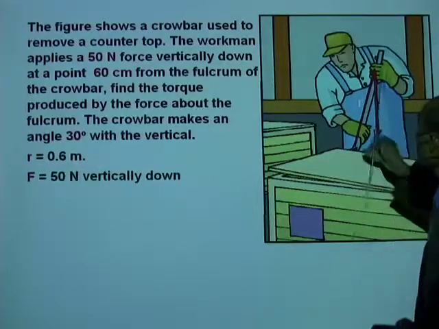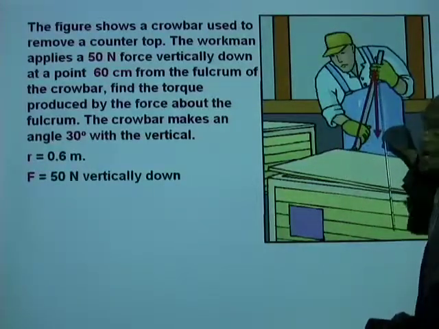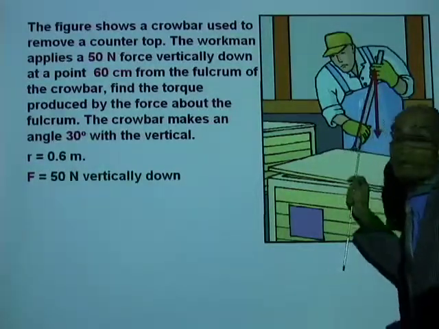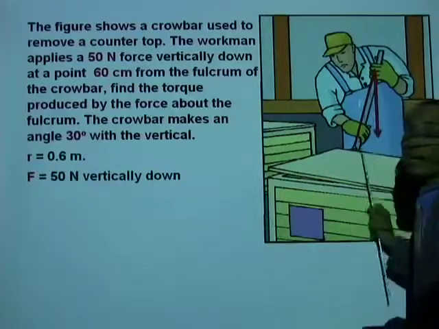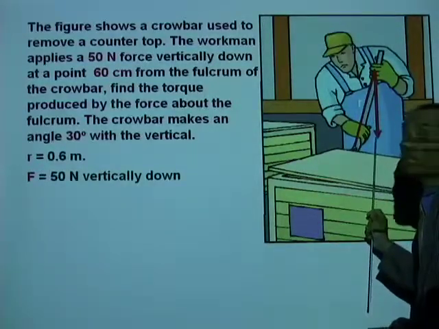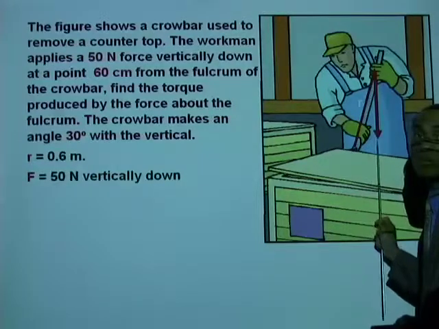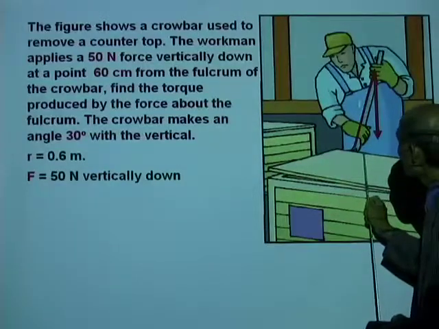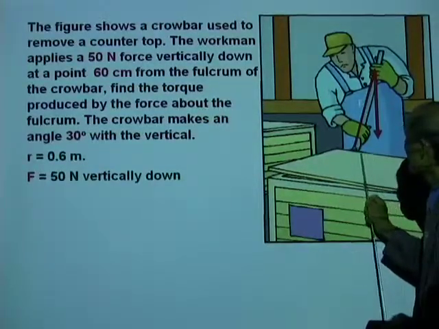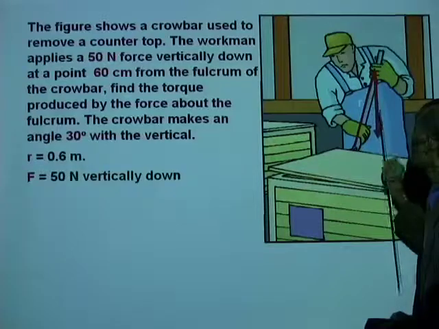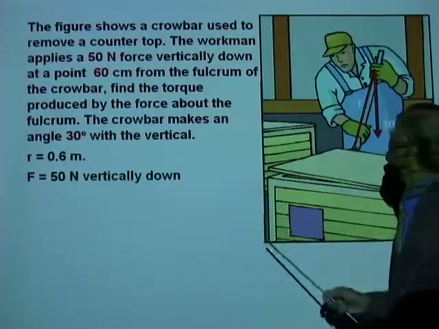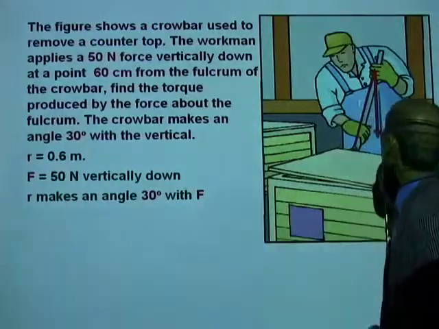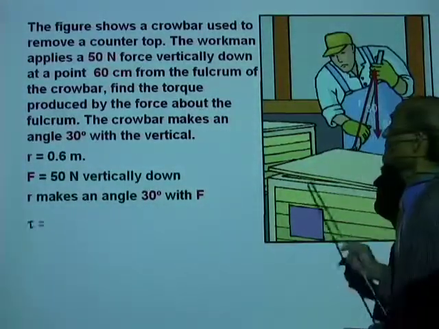If you look at the R vector and the F vector, the torque arm will not be the whole of R here. The torque arm will be this distance, which will be R sine theta. What is the angle? The angle R makes with F is 30 degrees.